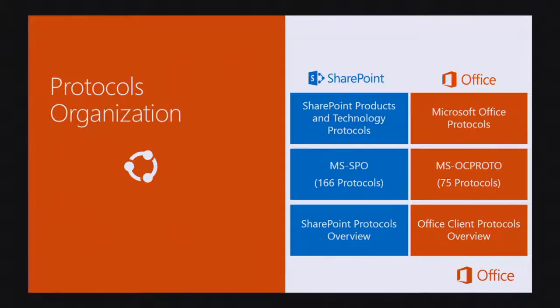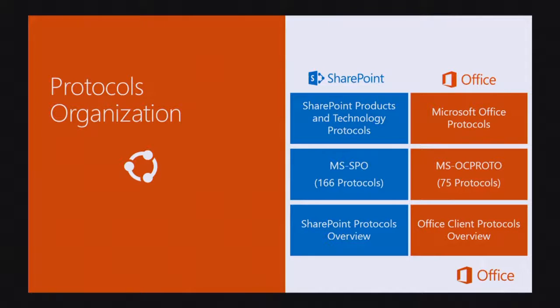When you start looking at the open specifications, or protocols as we normally call them, you can go to MSDN today and you will find hundreds of them. So you don't know where to start, and we have a simple answer for that. We have a type of document that lives in our SharePoint library called an overview. We have two main overviews.